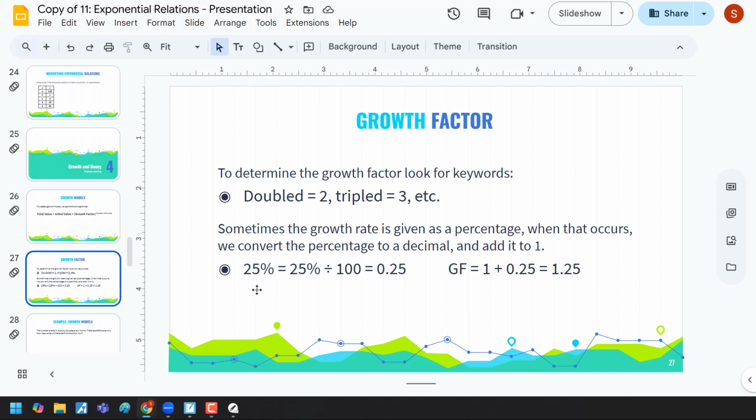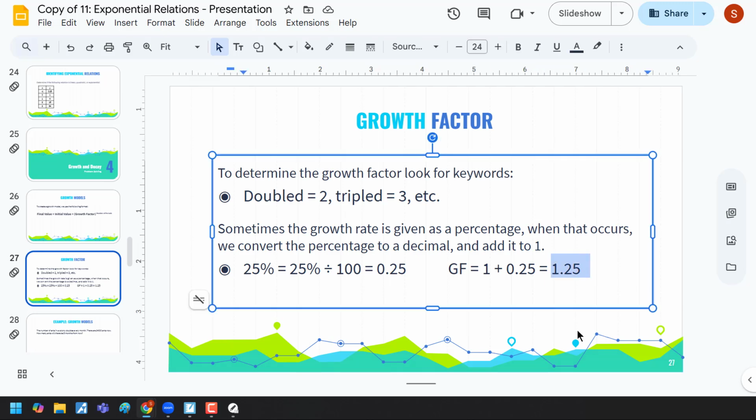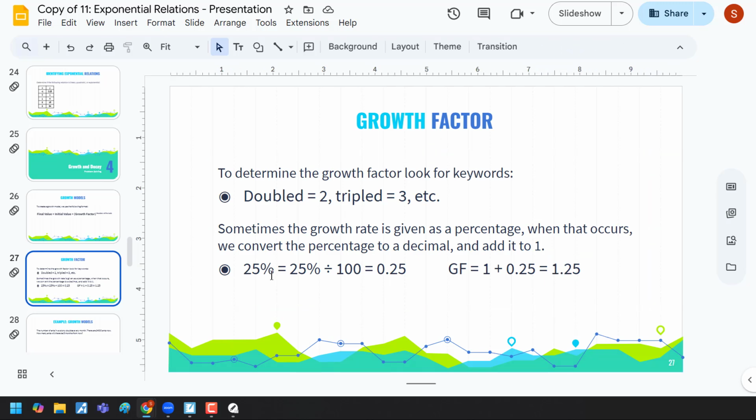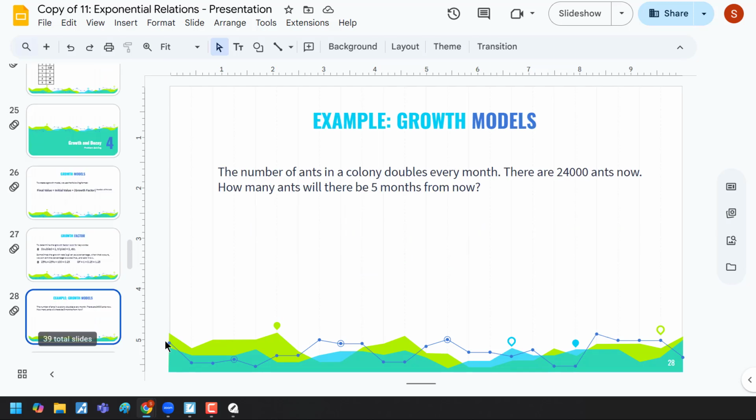Well, let's say the growth rate is 25%. Something's growing by 25%. So the way to figure out the actual growth factor, you take 25%, convert it into a decimal by dividing it by 100, so you have 0.25. Then you add 1 to it, and you get 1.25. So this is the growth factor, 1.25, when they say an increase of 25%.